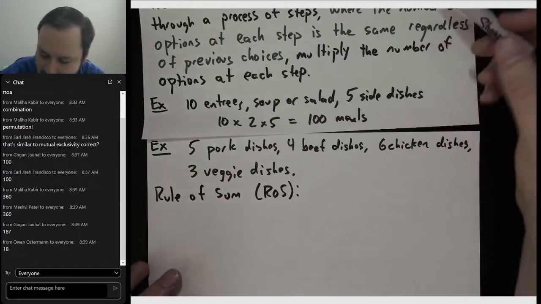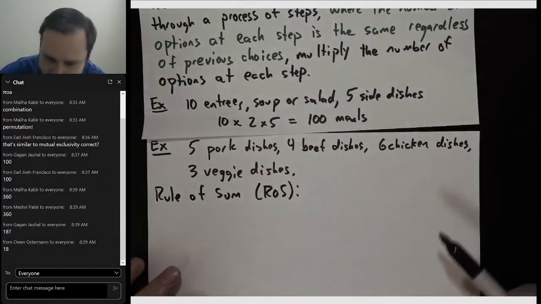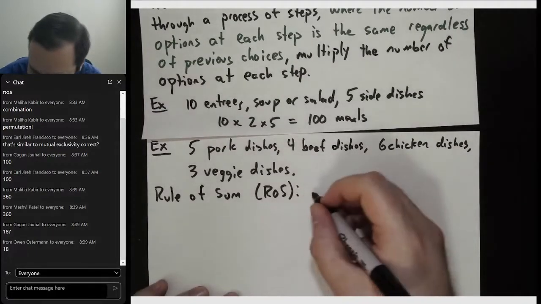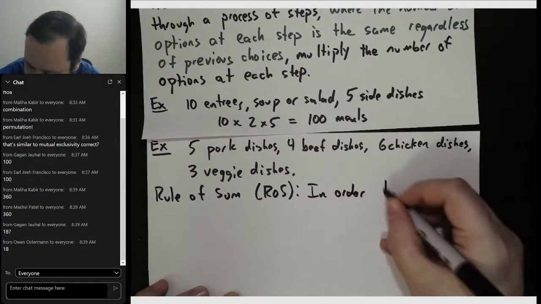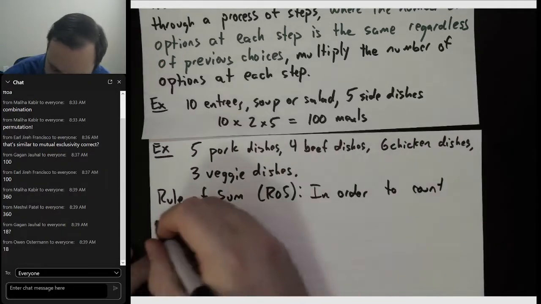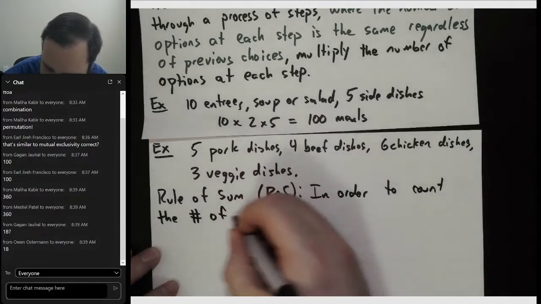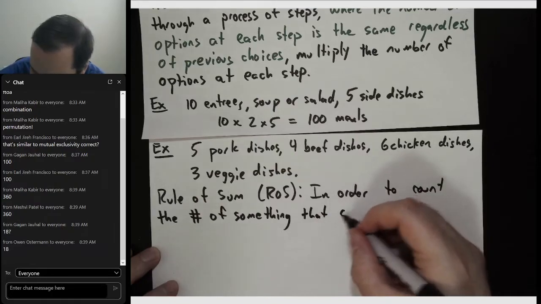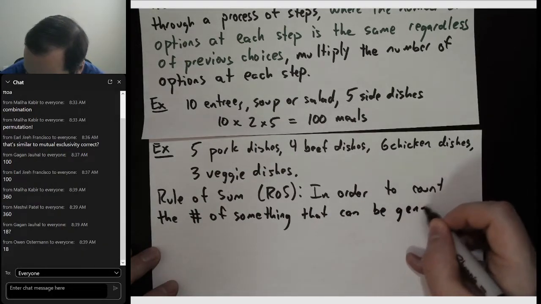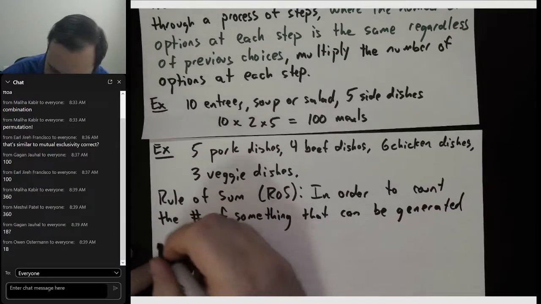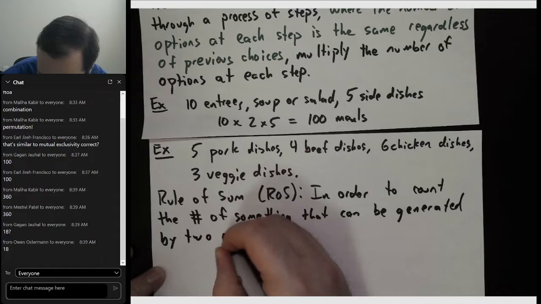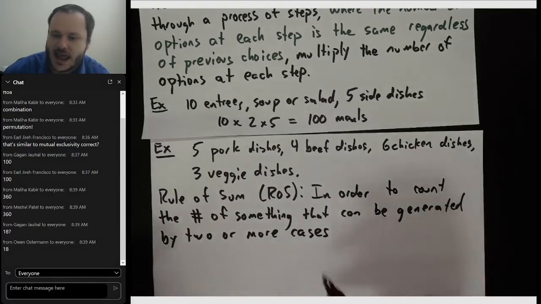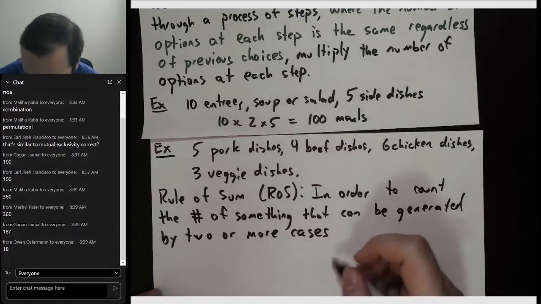which says instead of breaking things down into a process of steps, if we break things down into a sequence of cases, so in order to count the number of something that can be generated by two or more cases, instead of multiplying, we want to add together all of the different cases.